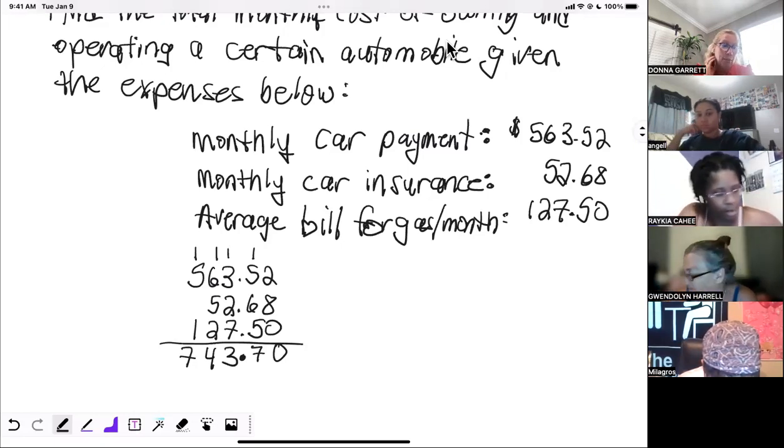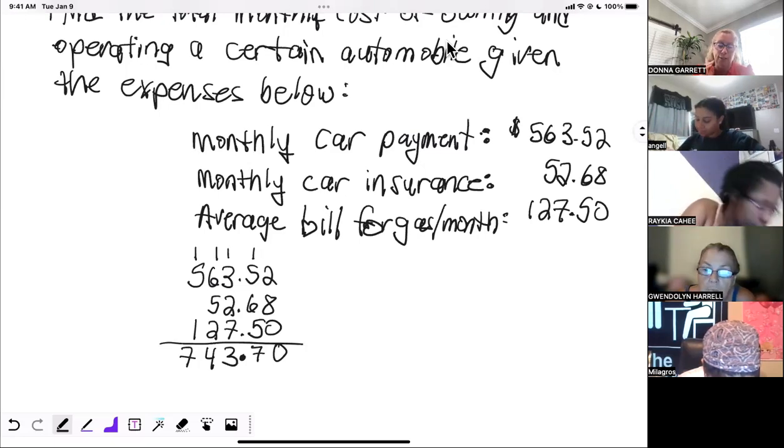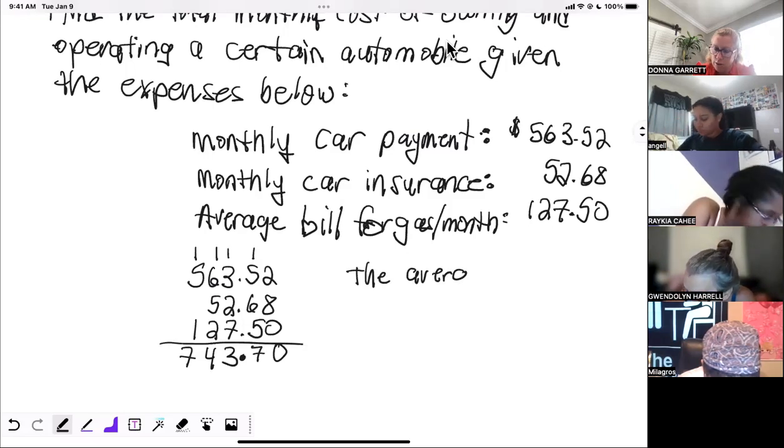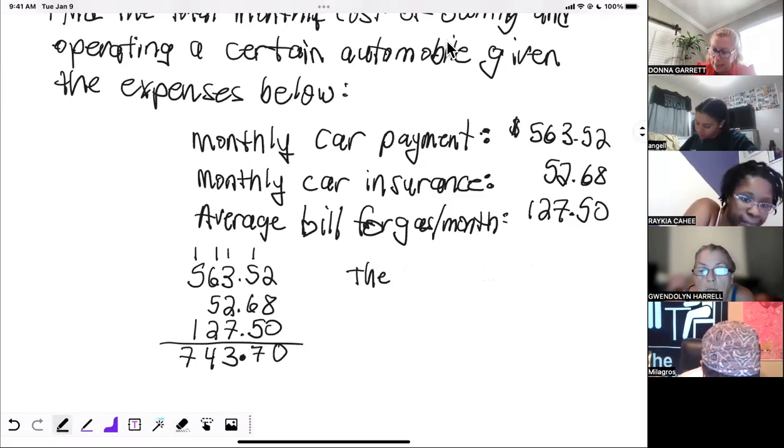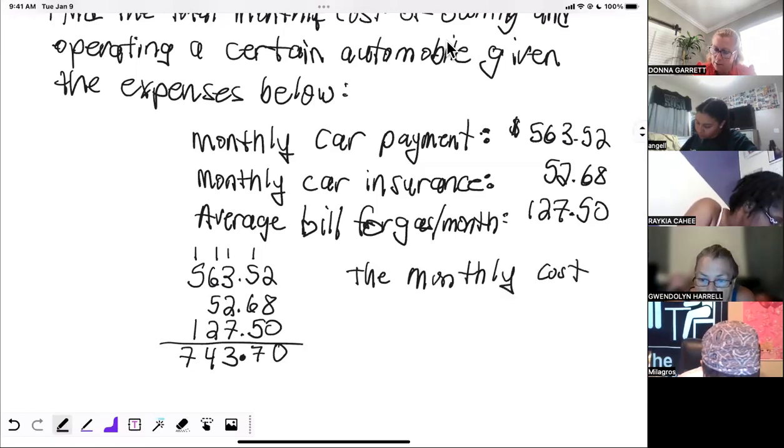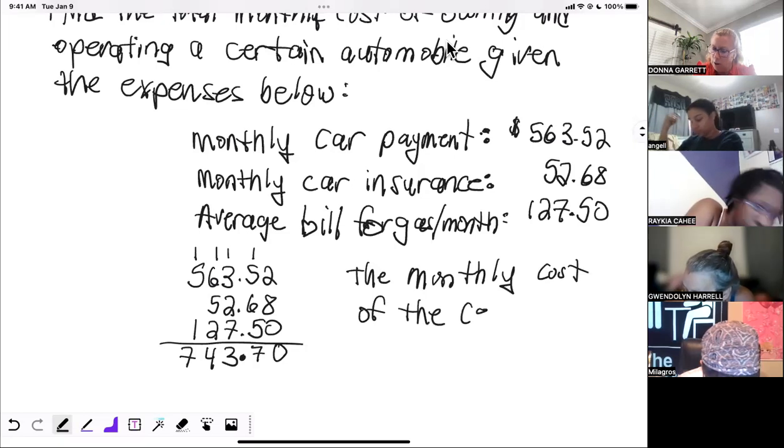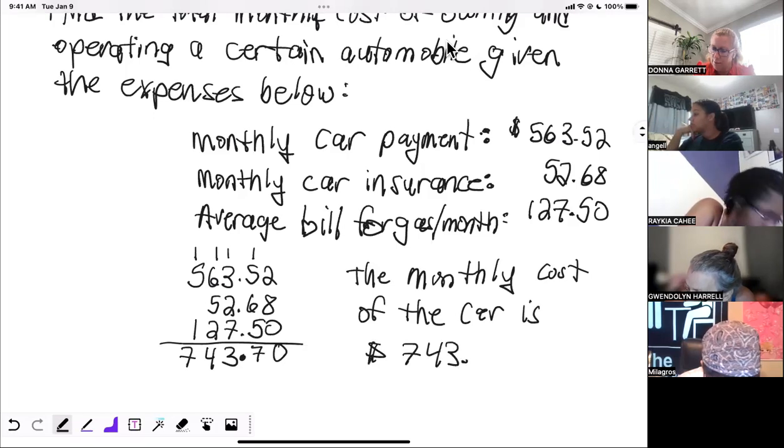And just like any word problem, once you're done, you have to finish a word problem with words. The monthly cost, I guess I shouldn't say average. We already know what it is, sorry. The monthly cost of the car is $743.50.